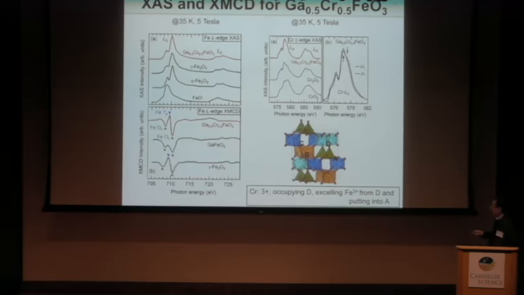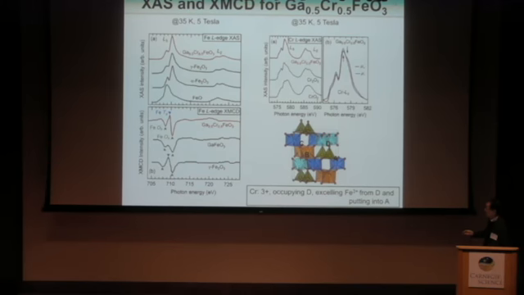And the XMCD spectra, this is the spectra for gallium ferrite, shows that when chromium is substituted for gallium, the peak for the tetrahedra increases.